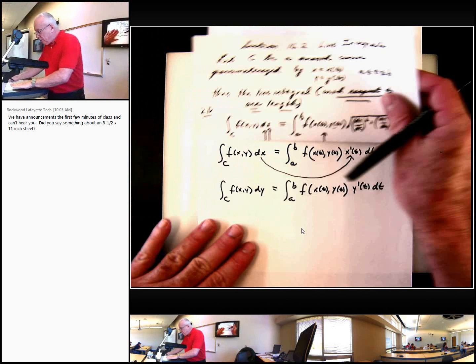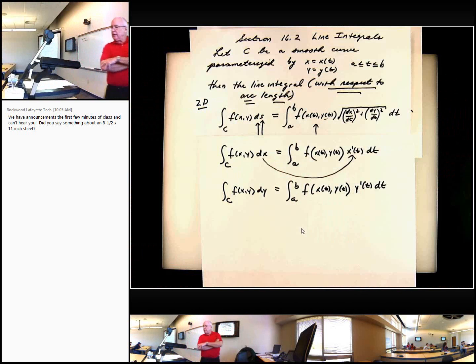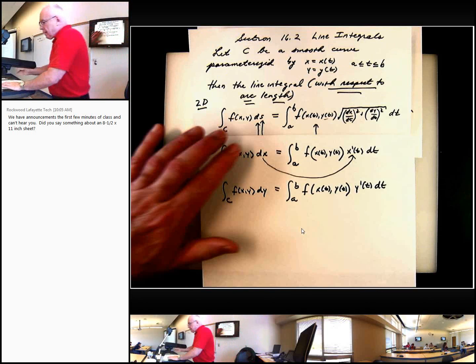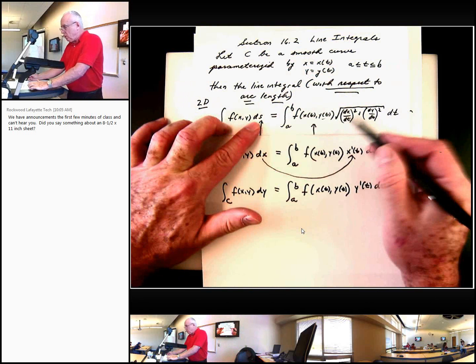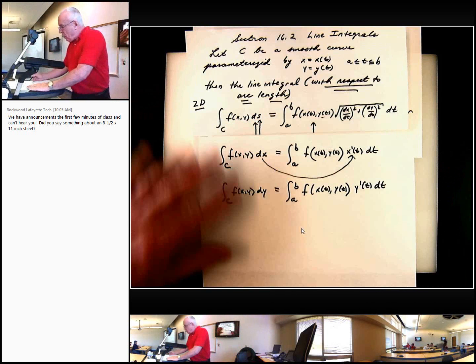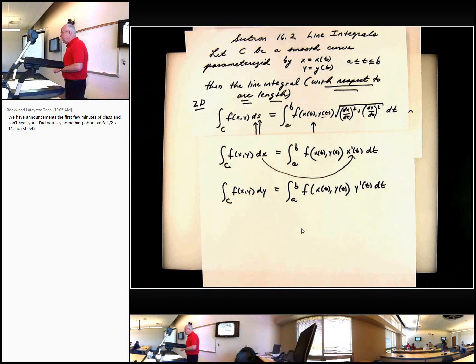It's similar, but it's also different than when we are taking the integral with respect to arc length. Arc length has a little bit more complicated formula here, all right? That's the square root business. dx and dy has a much simpler formula that you tack on at the end, all right?